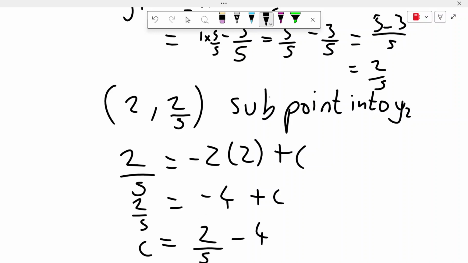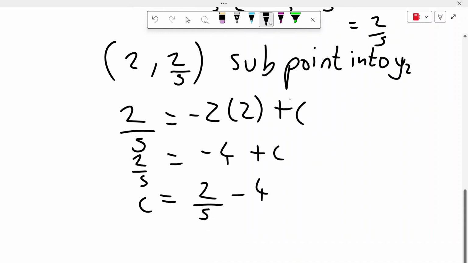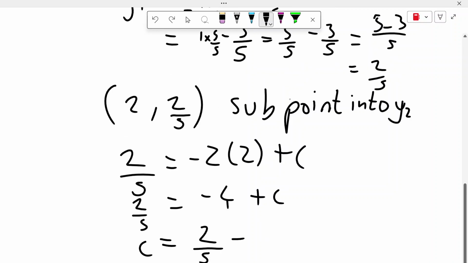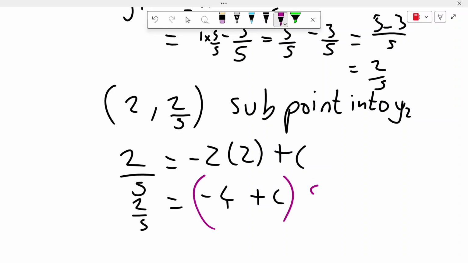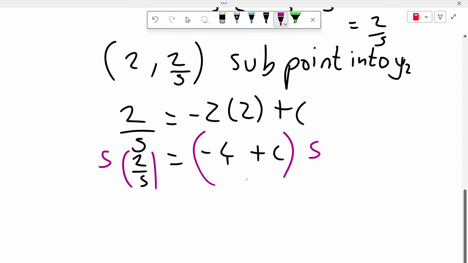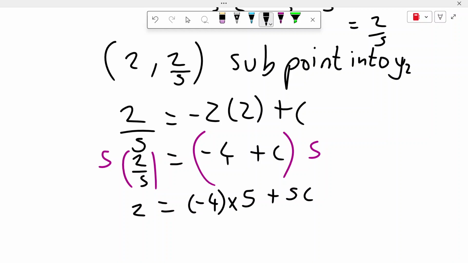Now, what's really annoying is that there's that plus 5 there. So that's super annoying. So what I might do is backtrack here just a little bit, and I'm going to say, if we just times both sides by 5, the common denominator, we just eliminate it. That 5 just vanishes. So if we do that, what we get is just 2, and we get minus 4 times 5 plus 5c.